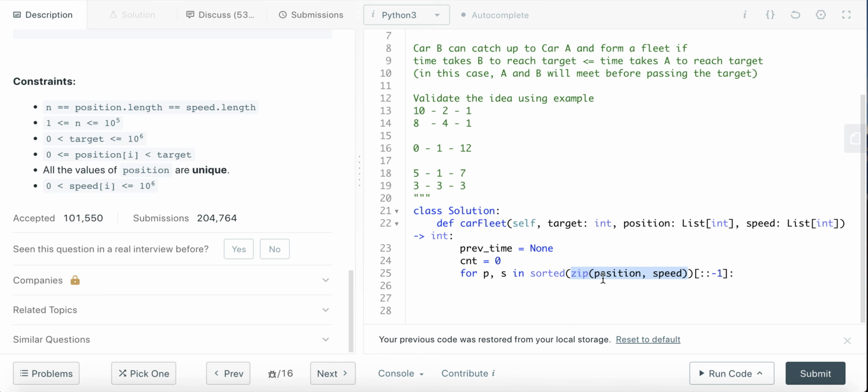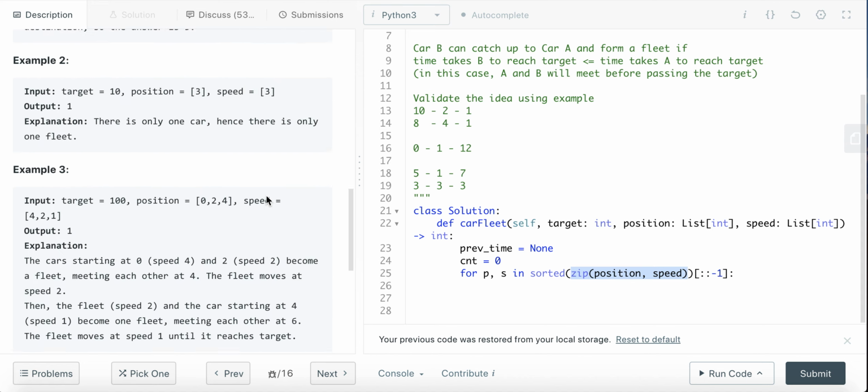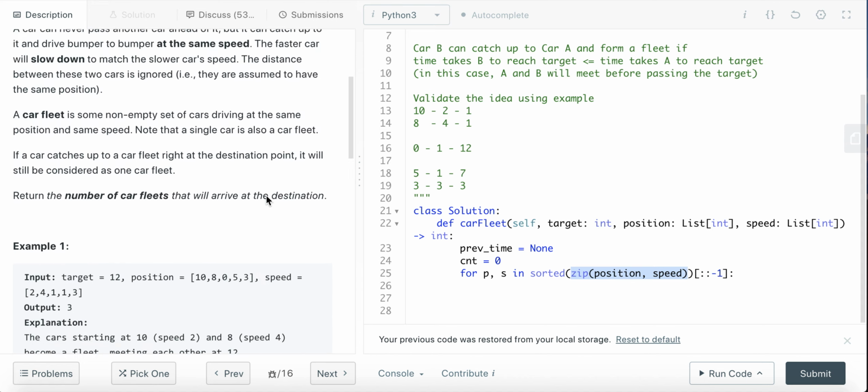After we sort them in the increasing order that comes with the default sorted function, we reverse them so that the first element in this sorted list will be the pair with the largest position, which means the car closer to the target.